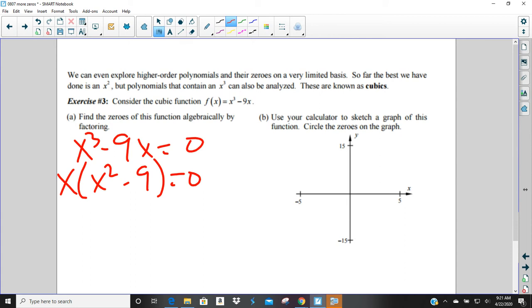You should really start trying to analyze the fact that a difference of two perfect squares will always be a binomial, and both numbers, the x squared and the 9, will be perfect squares. So I would then know that the solution is going to be a conjugate pair: x times (x minus 3)(x plus 3) equals 0.